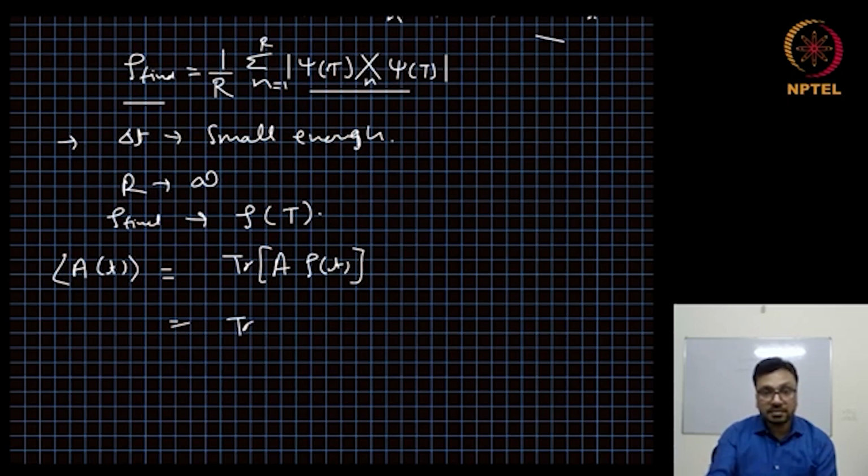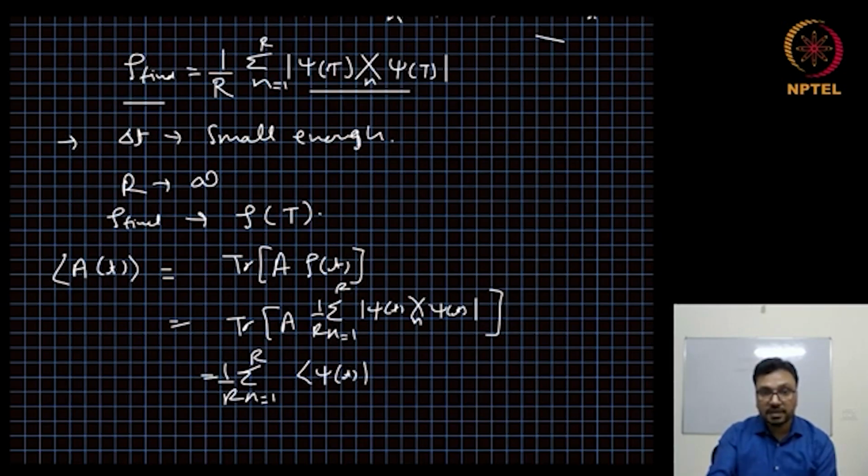In our quantum trajectory method, it will be 1 over r, sum over n from 1 to r, of psi at time t in the nth attempt, A, psi at time t in the nth attempt.